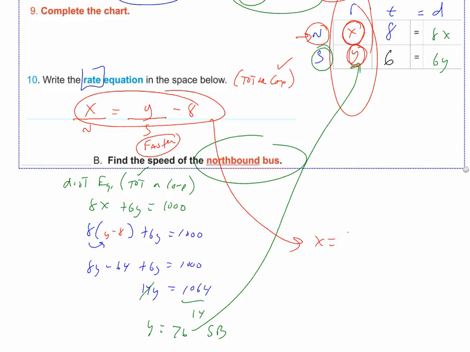The northbound equals y minus 8. Sub in the 76: 76 minus 8 leaves me 68 miles per hour, which is the northbound. Okay. And you just got to follow through and take it to the end. Any questions on any of that?